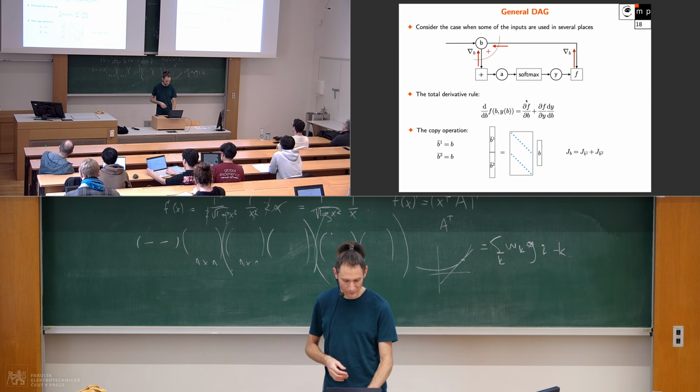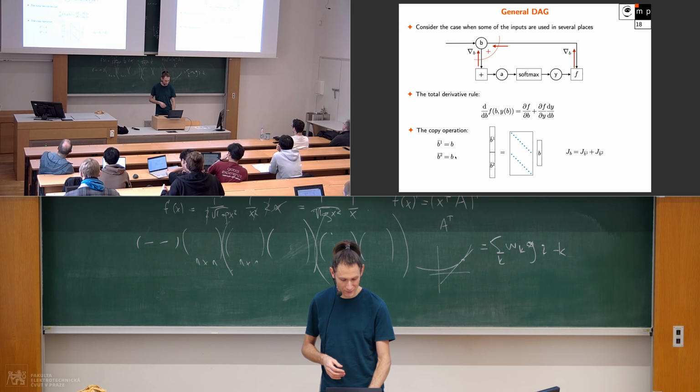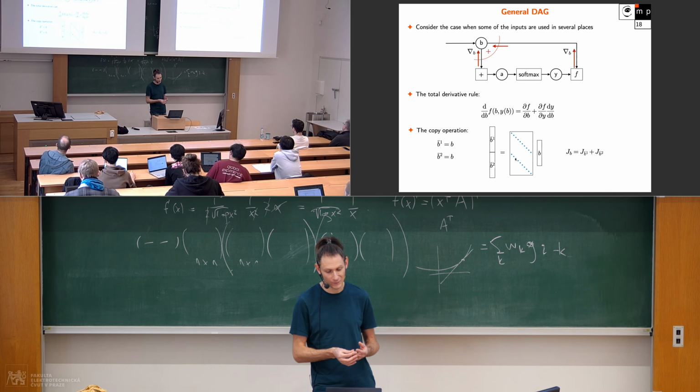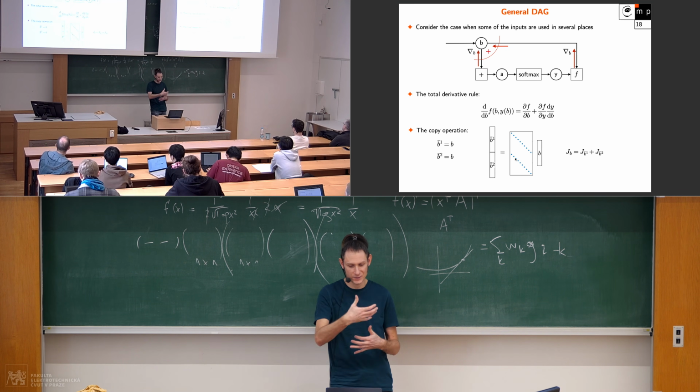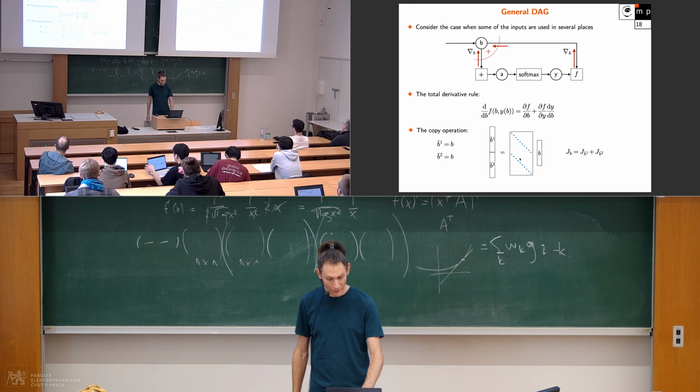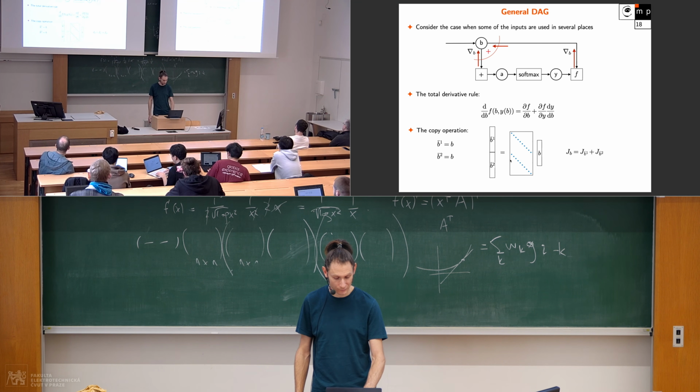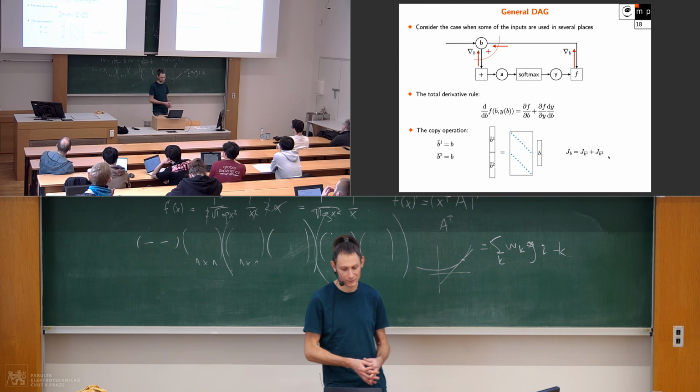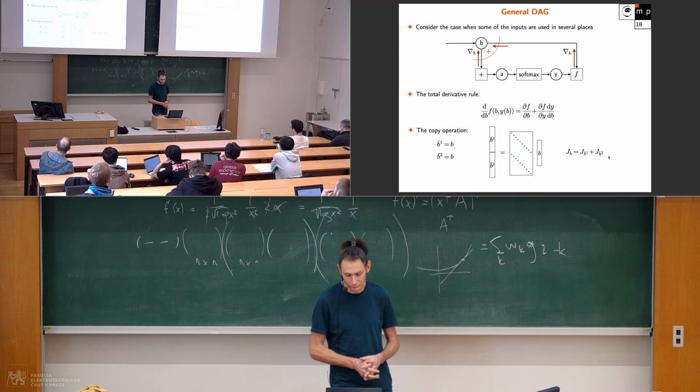We can formally verify this: copying the input into two parts is multiplying with a matrix with ones on these two diagonals, right? So that's a linear operation which creates two copies stacked. And then the backward pass multiplies the gradient with this matrix transposed, and this results in the sum of these derivatives.